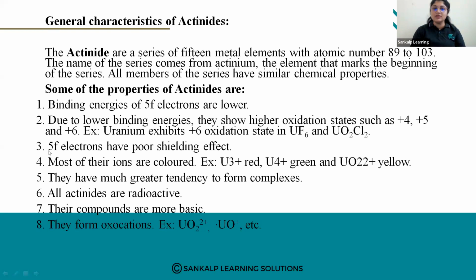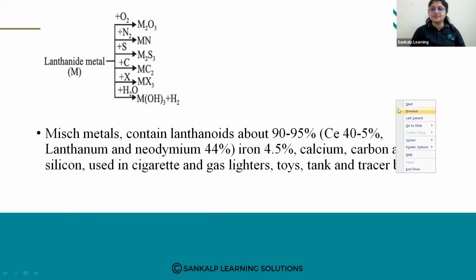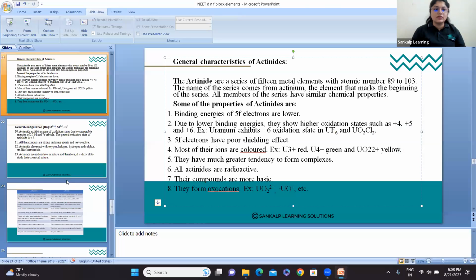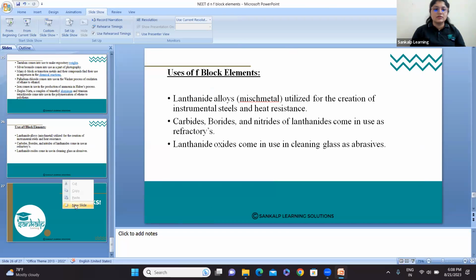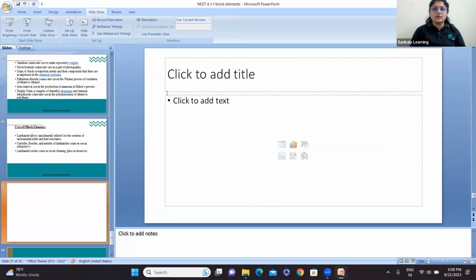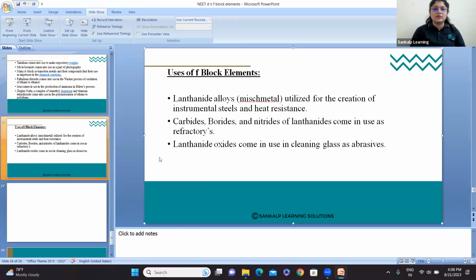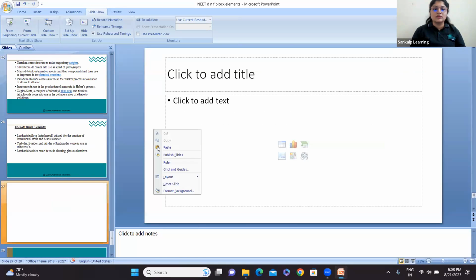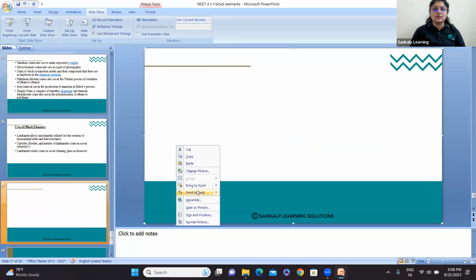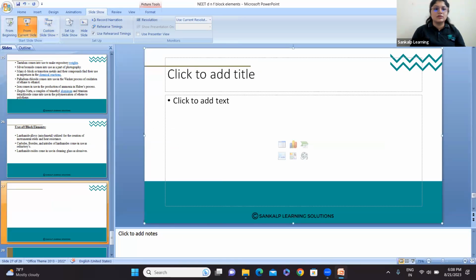All the elements belonging to this particular series show similar chemical properties, right? So we'll see which are the different elements present in the actinoid series.